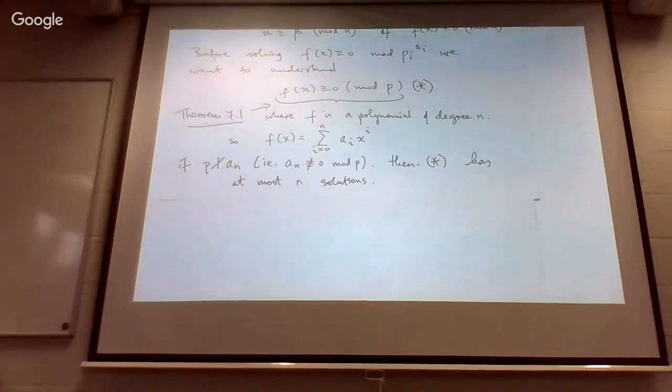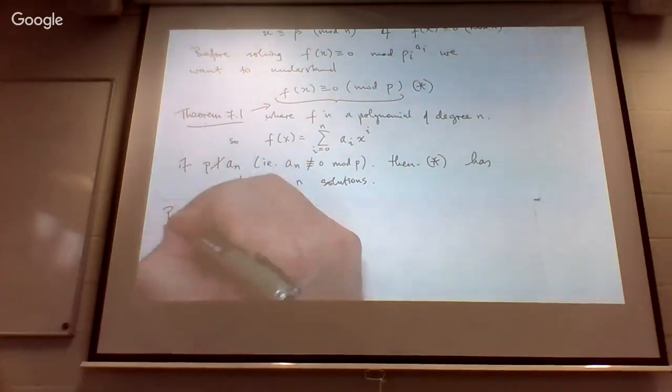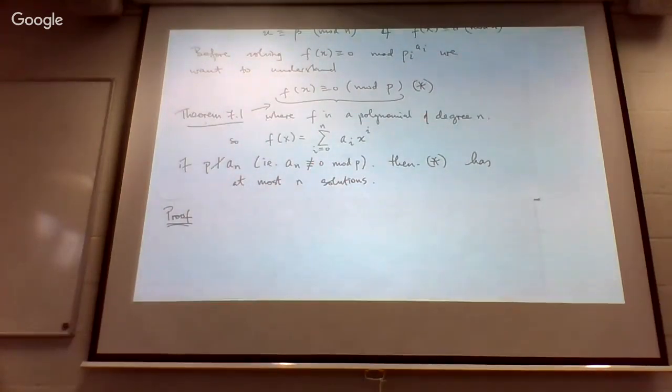Okay, so let's think about proving this. Now, it's quite a substantial result. It's not a quick proof or anything, but we will fit it into the lecture. I think it's fully spelled out in the notes, but I would like to step through it and pick out the main points.